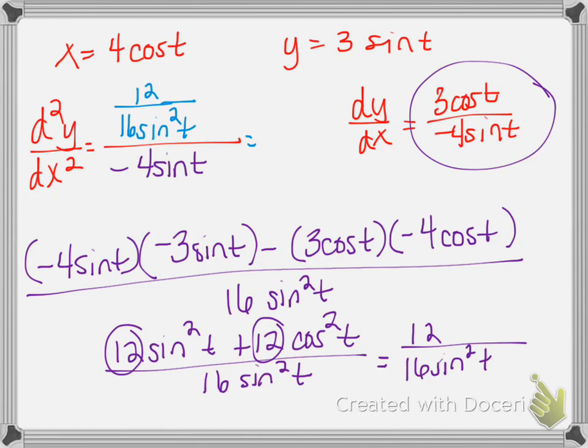And if you simplify that, it would be 12 over 16, and then you divide by -4, which is -3 over 16, and then I think there's going to be a sine cubed on the bottom whenever you multiply it out. So that's the final answer there.